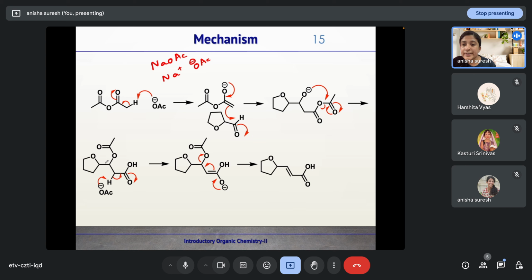So here the important step is formation of this active methylene species. This is active methylene.